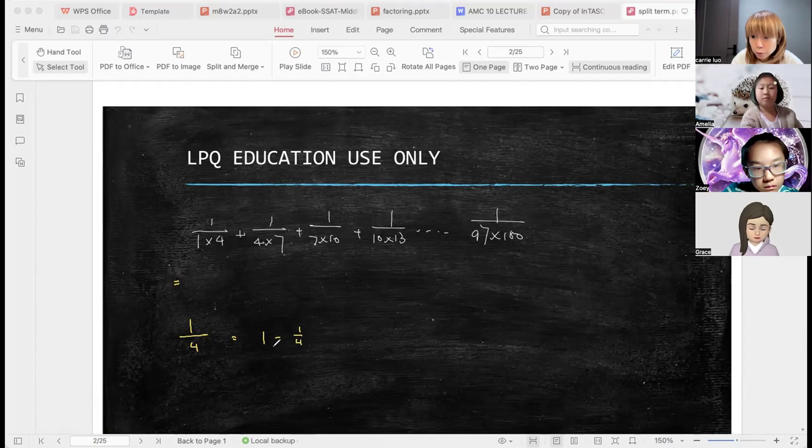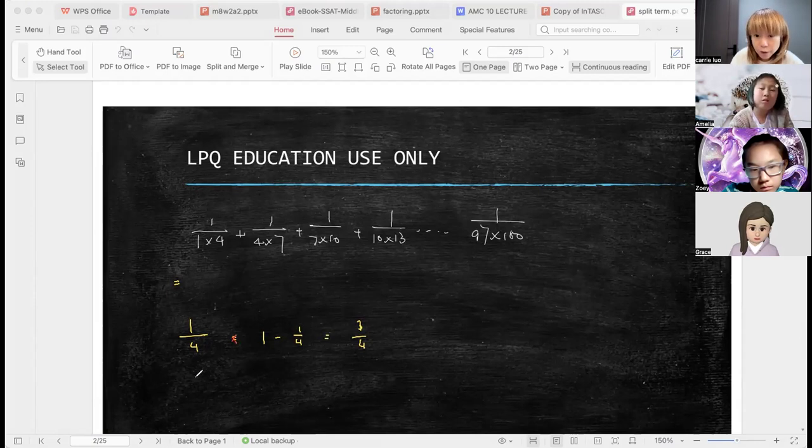Can you tell me 1 minus 1 over 4 equals what? 1 minus 1 over 4 equals 3 over 4. Correct? So they're not equal to each other.